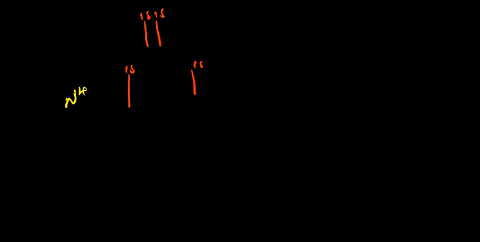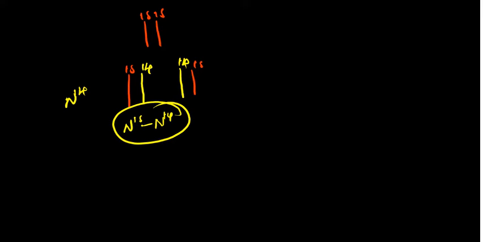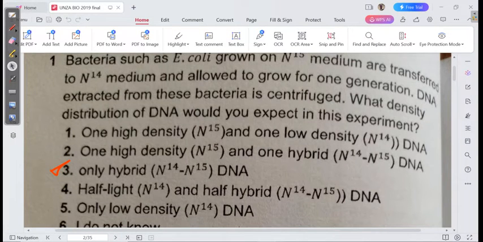The medium now is this nitrogen 14, meaning that the new strand here will be nitrogen 14. A new strand here will also be nitrogen 14. So what we have here is a nitrogen 15 and a nitrogen 14. We call this a hybrid. So in the first generation, in light nitrogen, we are only going to have hybrid. Okay, so that should be the answer, which is option 3. So indeed, question 1, the correct answer is option 3.